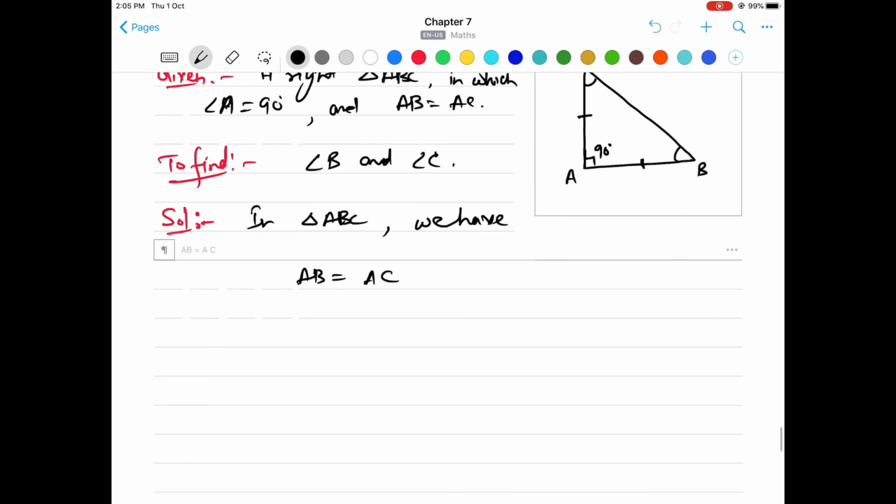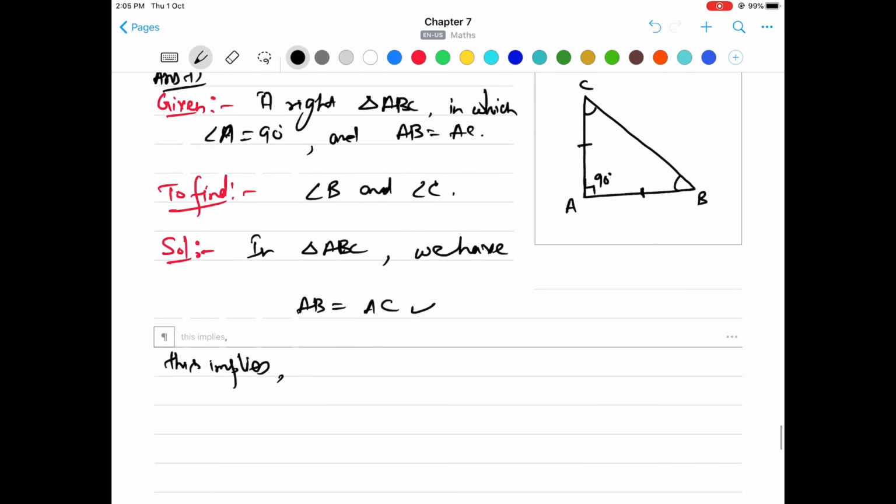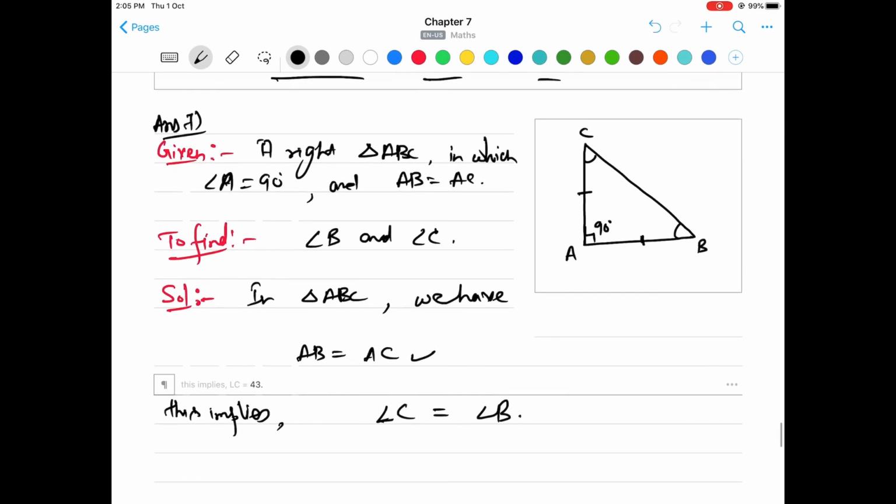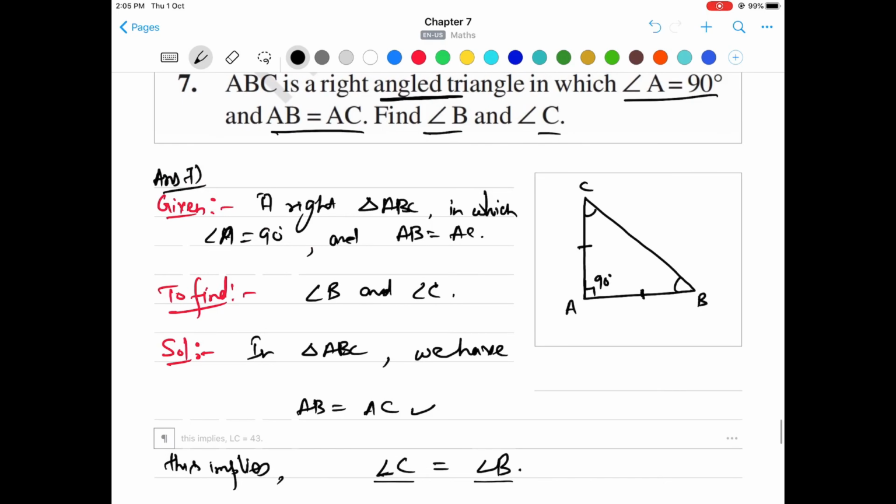So this implies, in this triangle we have two equal sides, so the angles opposite to these sides will also be equal. The angle opposite to AB is angle C and the angle opposite to AC is angle B, and they are equal. So we got that angle C is equal to angle B, and in the question we are given the measure of angle A is 90 degrees.